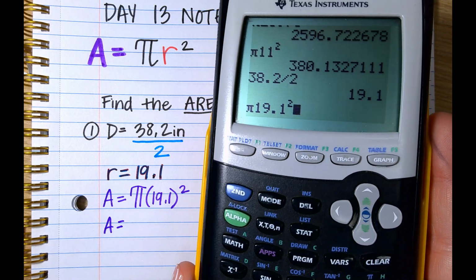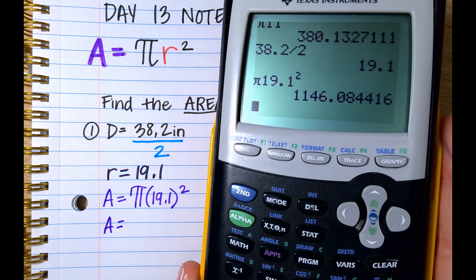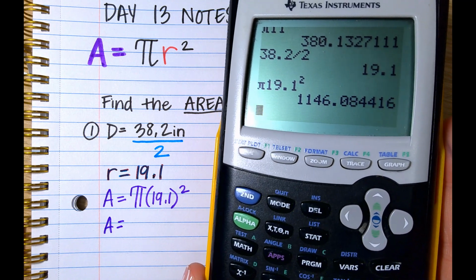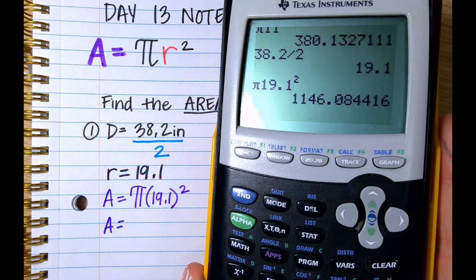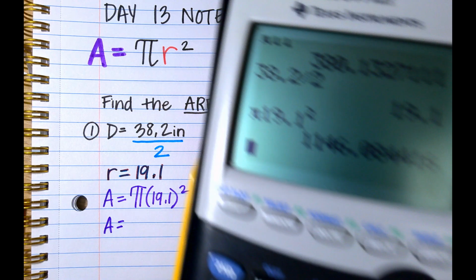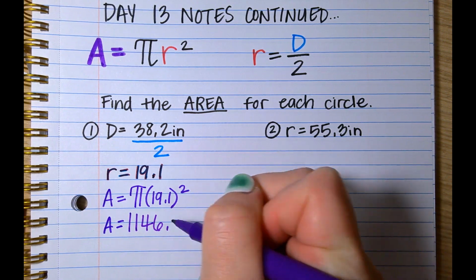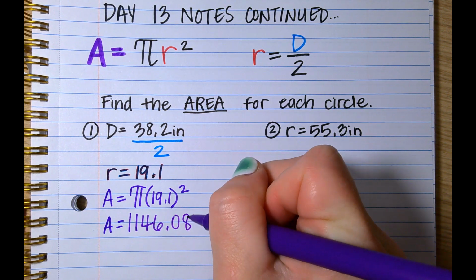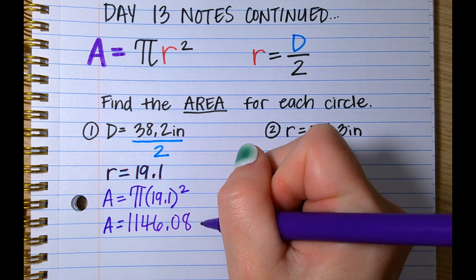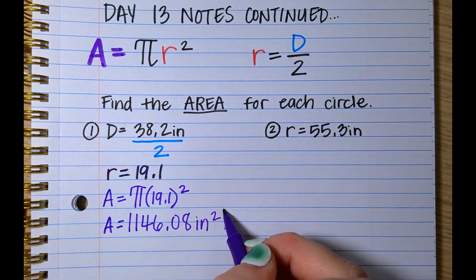I'm going to hit enter. And I got 1,146.08. Okay, so that would be my area. 1,146.08 units. Inches squared. Good.